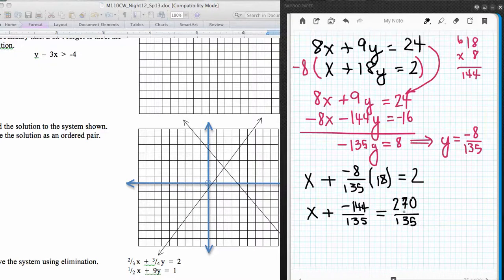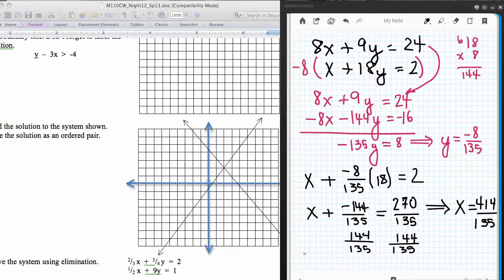So 270/135ths, and the reason I did that is because I'm getting prepared here to add the opposite to both sides and bring it over here, and that way I get that x is equal to, and this would be 4, and that would be 11, and that would be 414/135ths.